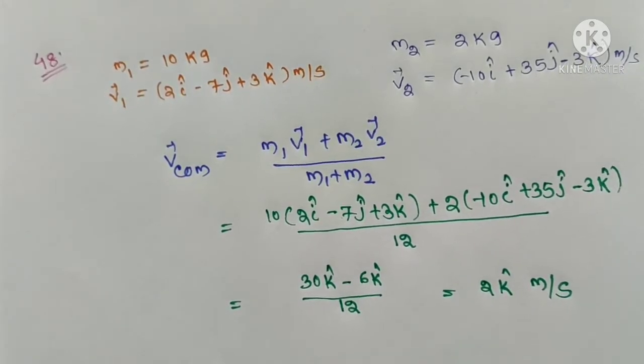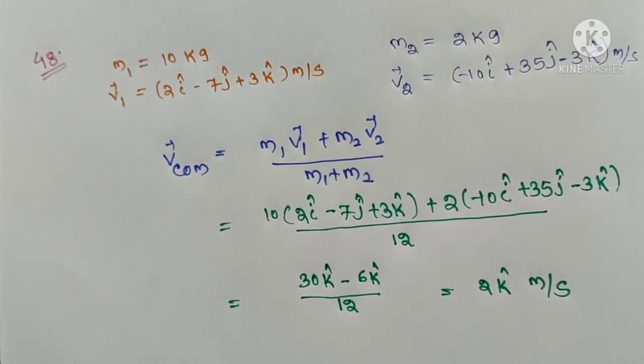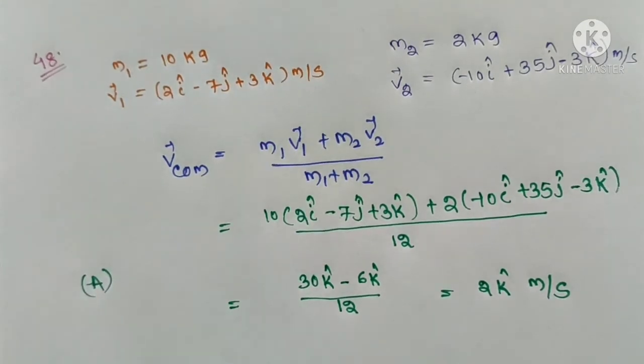So your velocity of center of mass is this. So your correct option is option A.